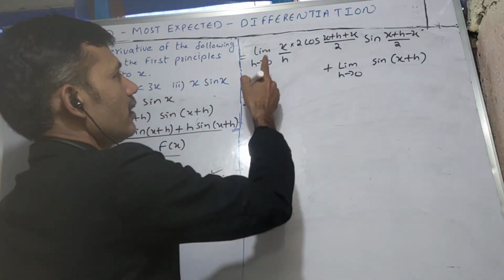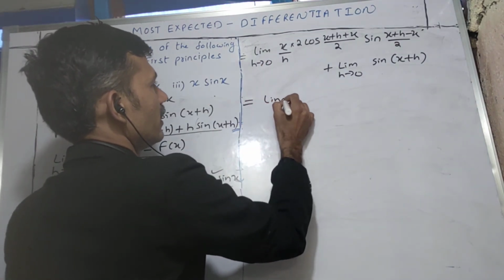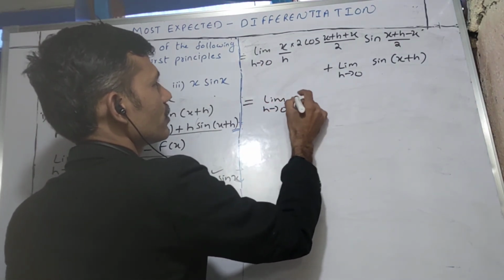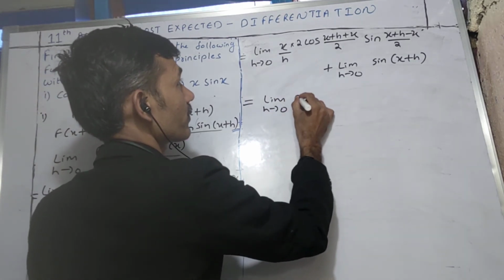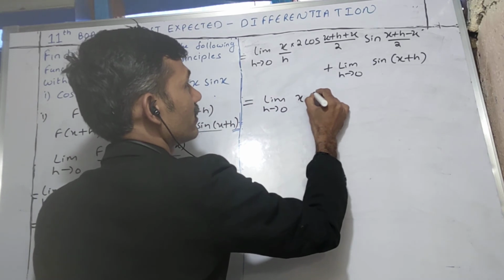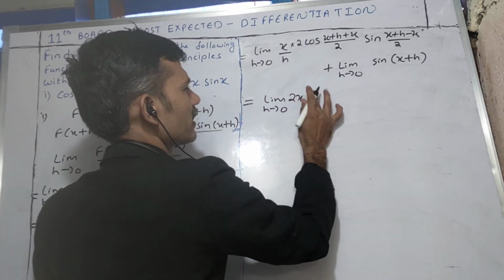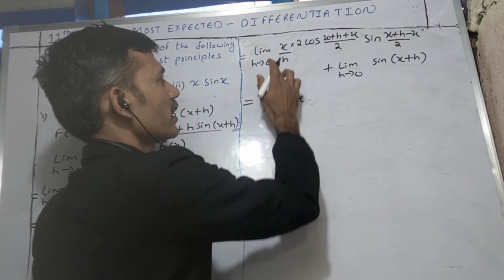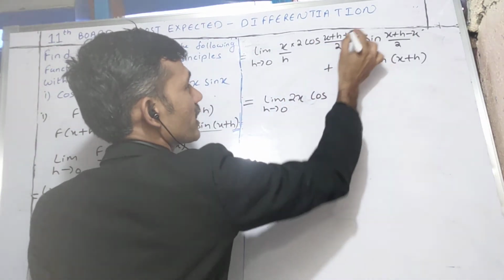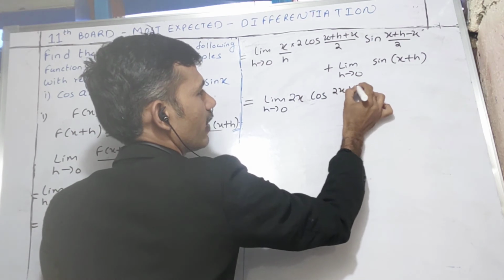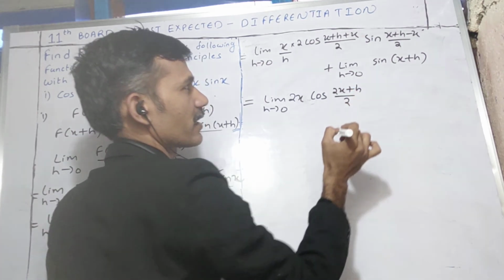Here see, first case, limit h tends to 0, twice x is there, don't forget, and 2 times 2x we can write, that won't make any difference, a into b or b into a. Cos x plus x means 2x plus h by 2 we are having.